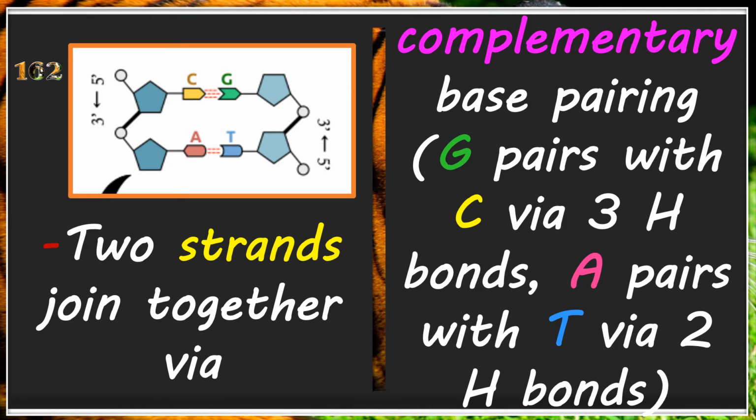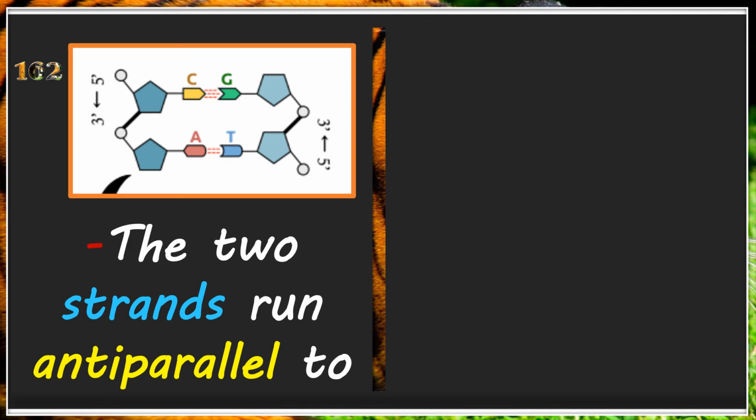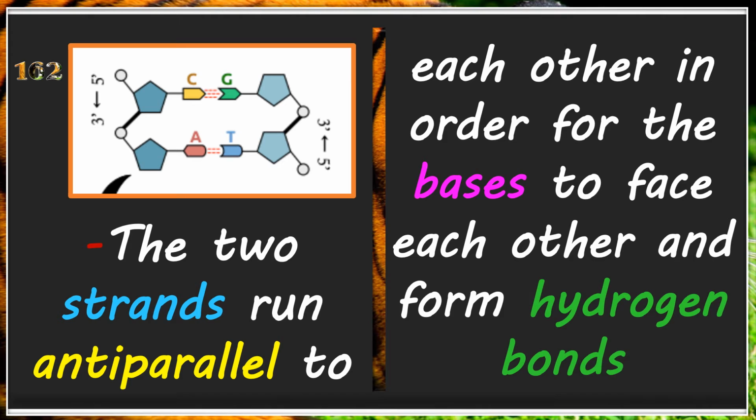Adenine pairs with thymine via 2 hydrogen bonds. The 2 strands run antiparallel to each other in order for the bases to face each other and form hydrogen bonds.